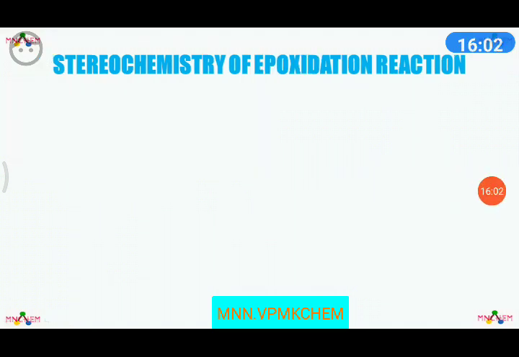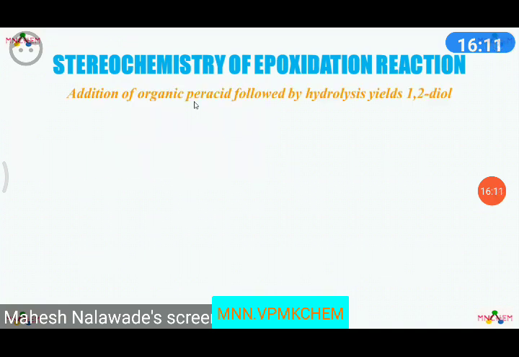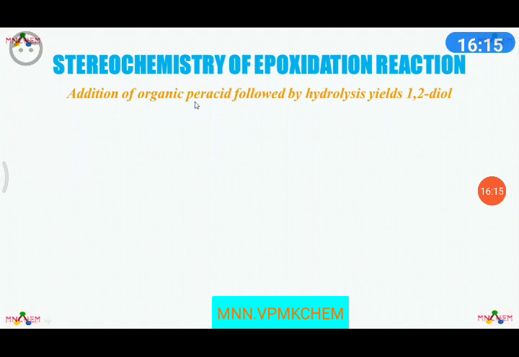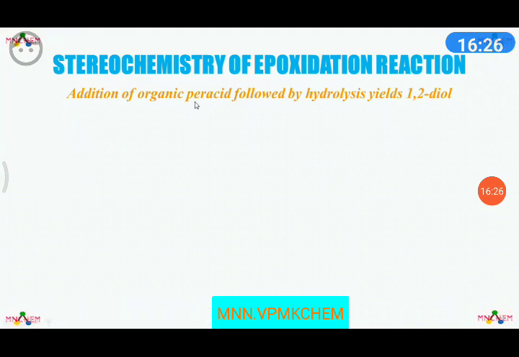Now we are going to discuss epoxidation reaction, or particularly stereochemistry involved in the epoxidation reaction. When alkenes are electrophilically added to the organic peracid, it gives epoxides, which on subsequent hydrolysis yields 1,2-diol as the product.